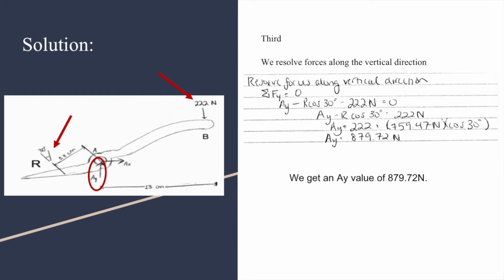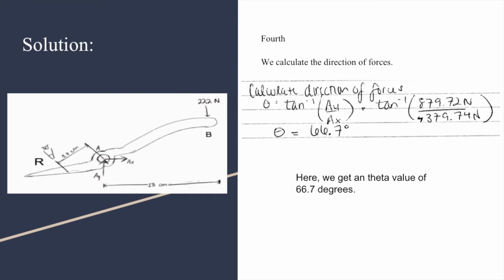So you see that we do R cosine 30. We substitute our value of R again, and we find the cosine value of 30. Then we have to subtract 229 from that value as well. Then we move everything to the other side to get A sub y, and we have a value of 879.72 newtons.